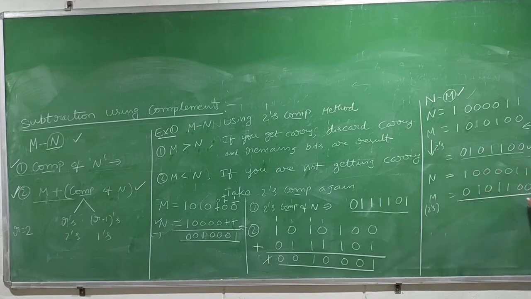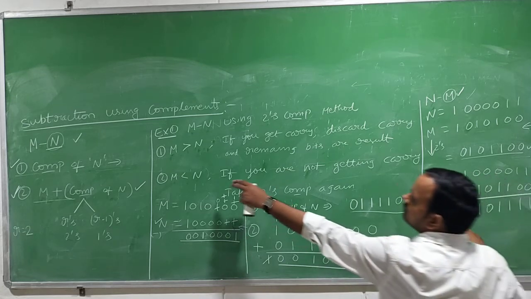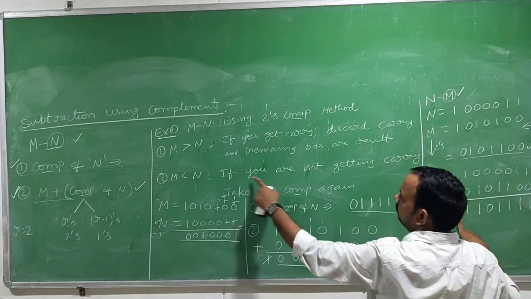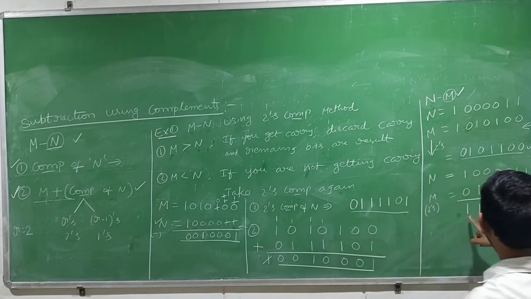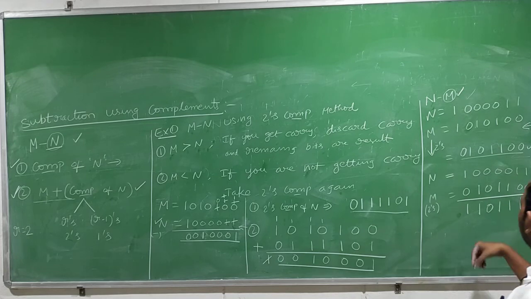So now you add: 1 1 0 plus 1 1 0 plus 1 1 0 plus 0 0 0 plus 1 1 1, right? Now here we are not getting the carry. So what is the procedure I told you? If you are not getting the carry, take the 2's complement again. So if you want to find a 2's complement, just copy the number from the right hand side until the first one.